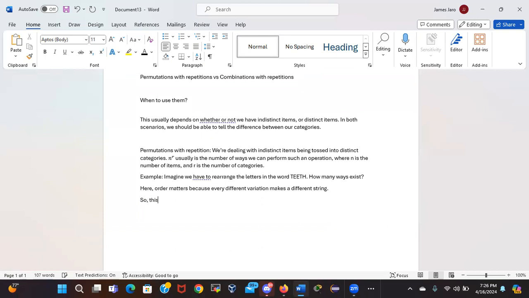So this is a sign of permutation, and we have repetition because there are multiple e's and multiple t's that we need to take care of. So far, so good on that.